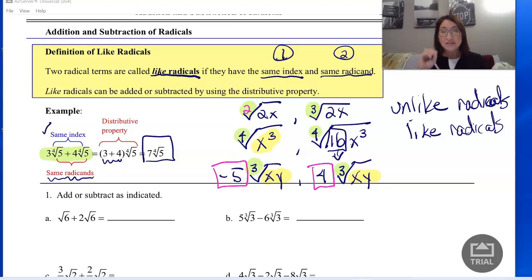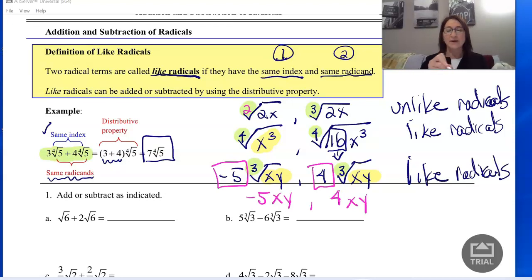Just like if I had written this as negative 5xy and 4xy, and I asked if those were like terms, the expressions written in pink, you would say, yeah, those are like terms because it doesn't matter if the coefficients are different. Same with radicals. These are like radicals.